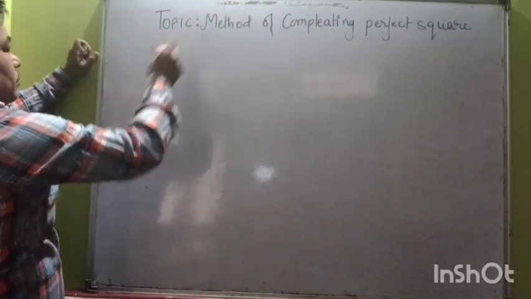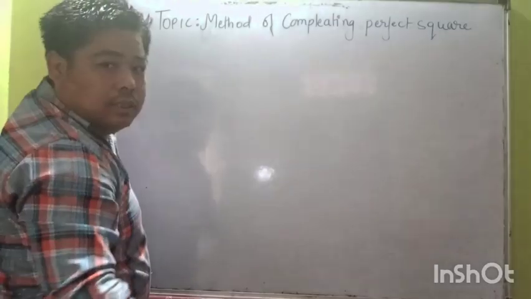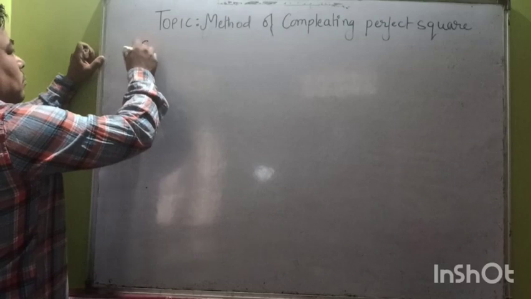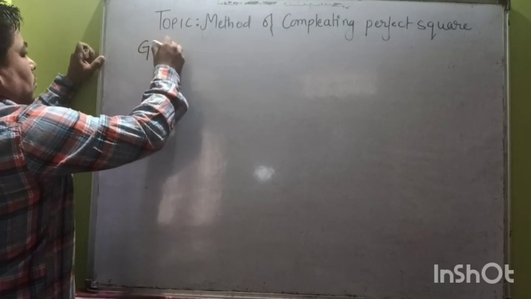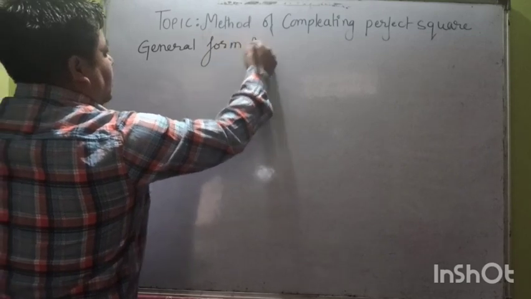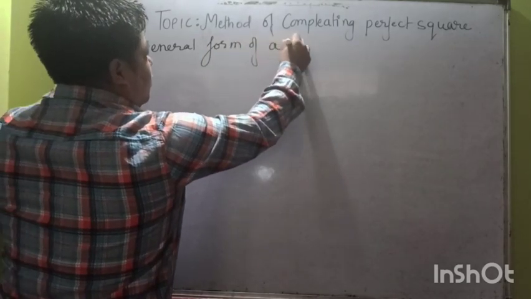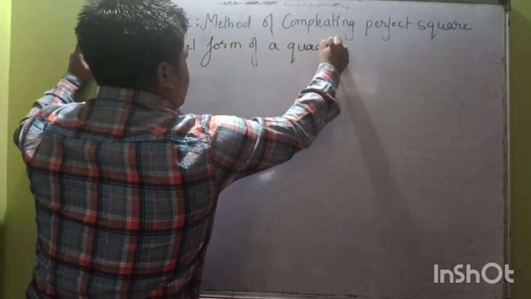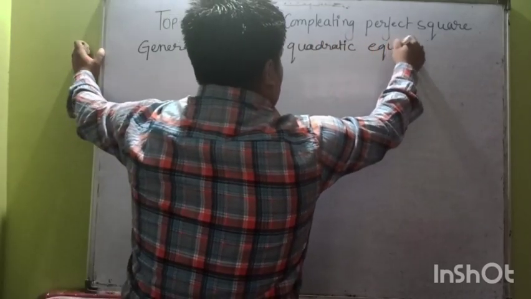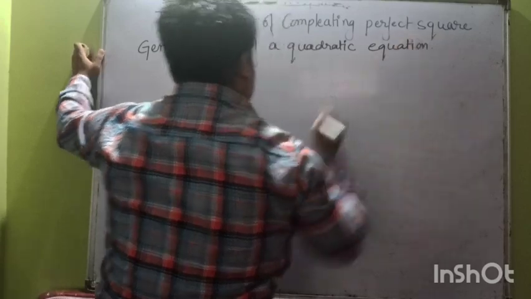For this, first we need to write the general form of a quadratic equation.